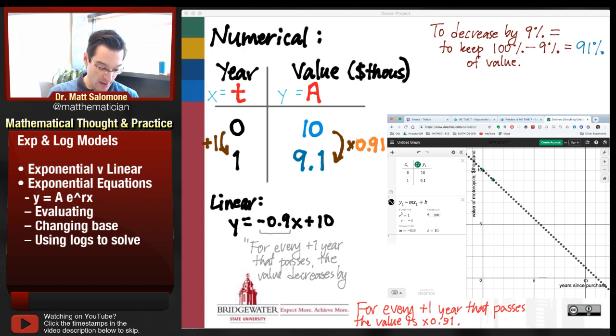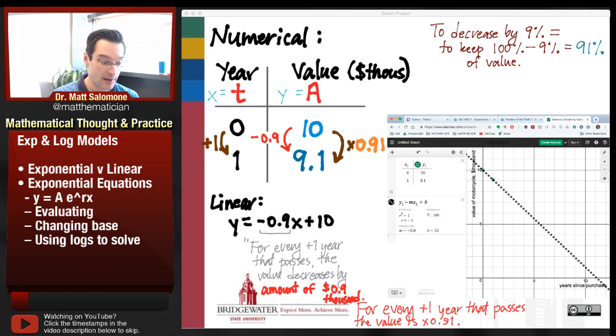And so the value decreases by an amount of $0.9,000. So in other words, that's just a different way of understanding what's happening from year 0 to year 1 over here. From year 0 to year 1, this motorcycle has lost $0.9,000 of its value.